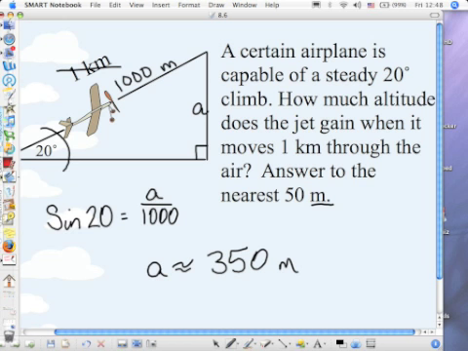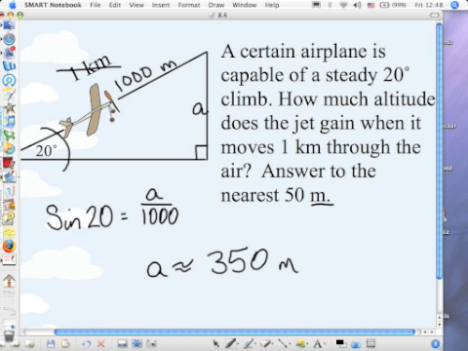Now, let's talk about why this might be important. Say you decide you are going to build an airport in Colorado in the midst of all those mountains.